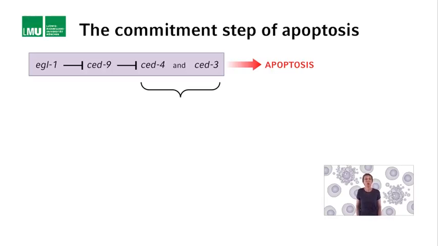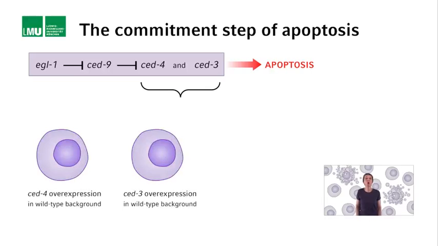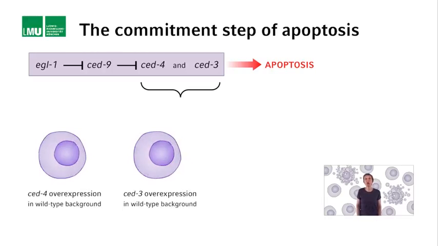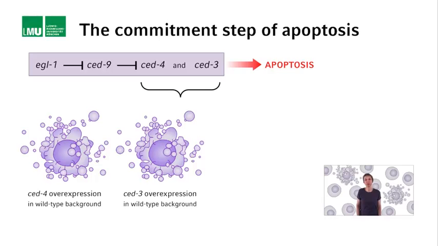at least not using loss of function mutations. Once the two genes were cloned and identified, they were individually overexpressed in cells in C. elegans that normally survive. And what was found is that both could induce ectopic cell death. This provided an assay to determine whether SET4-induced ectopic cell death was dependent on a functional SET3 gene, and vice versa, whether SET3-induced ectopic cell death was dependent on a functional SET4 gene.